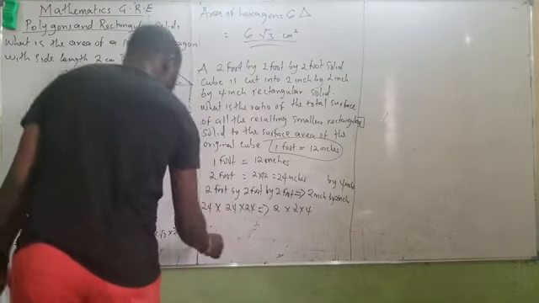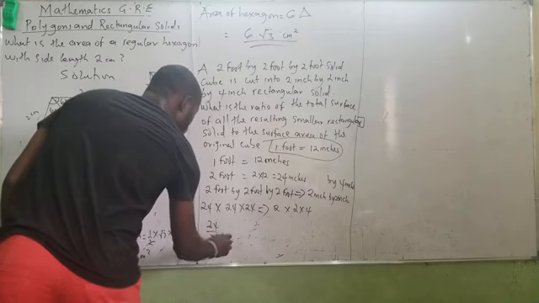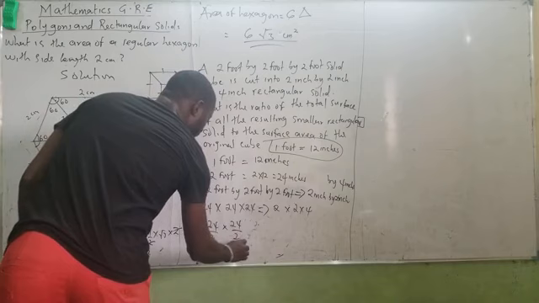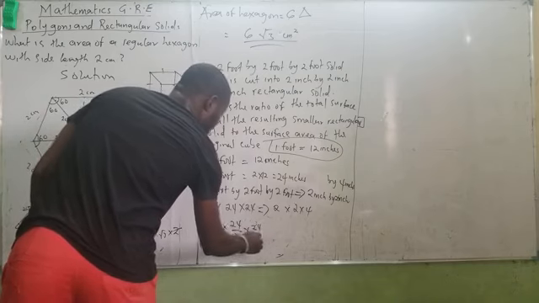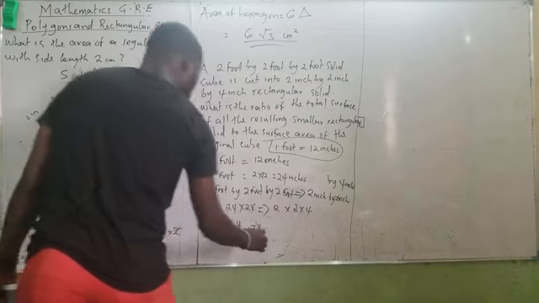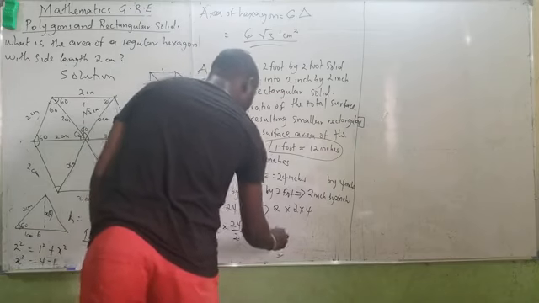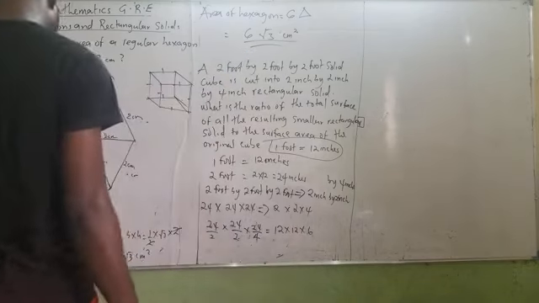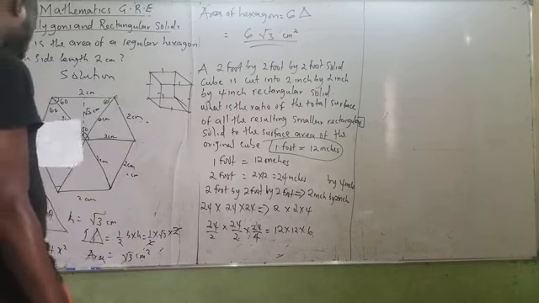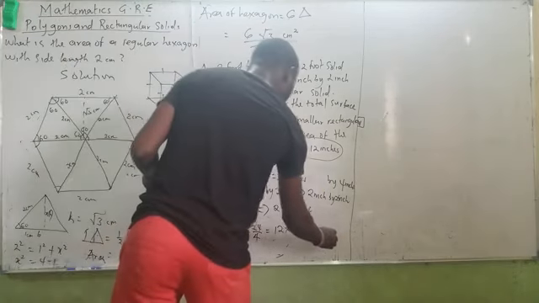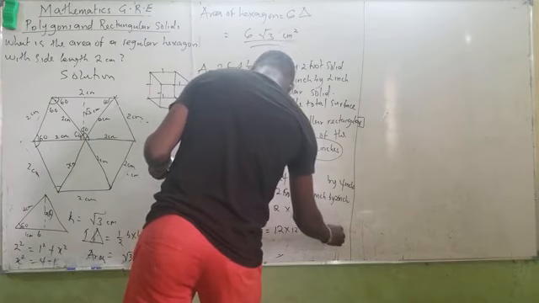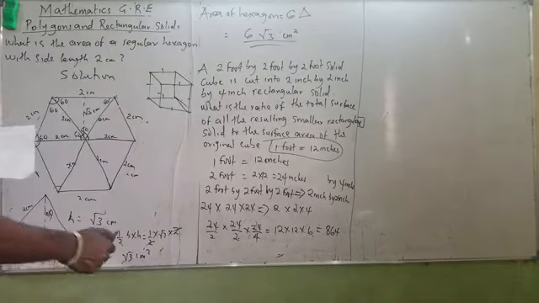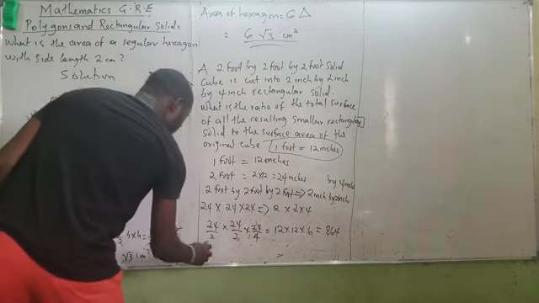Now, 24 divided by 2 multiplied by 24 divided by 2 multiplied by 24 divided by 4, which equals 12 multiplied by 12 multiplied by 6, which will be equal to 864.